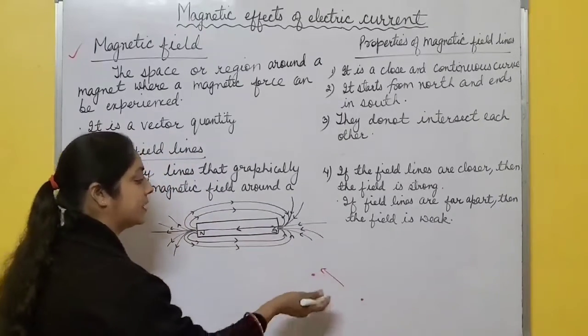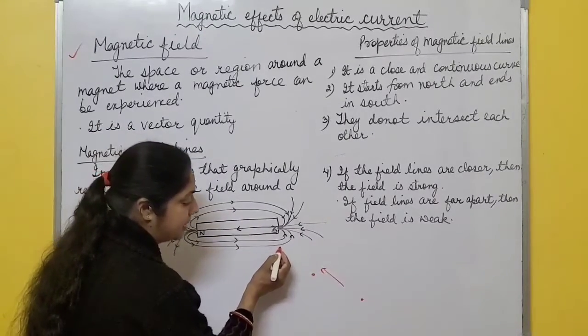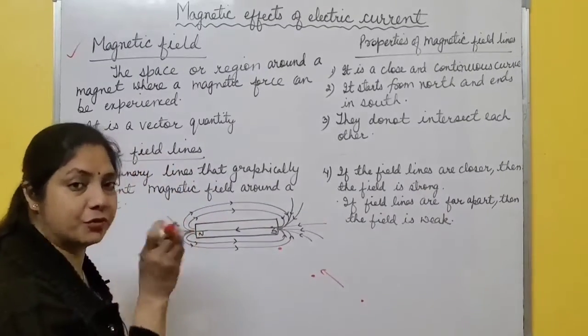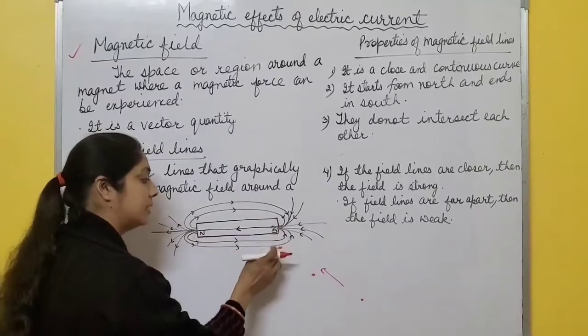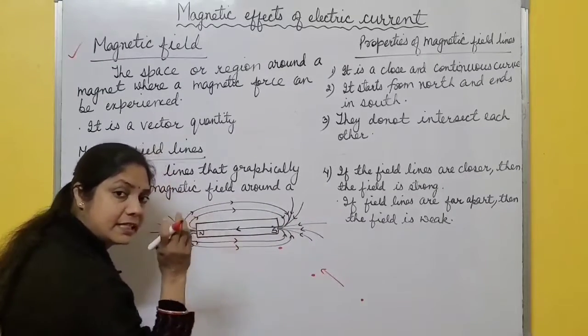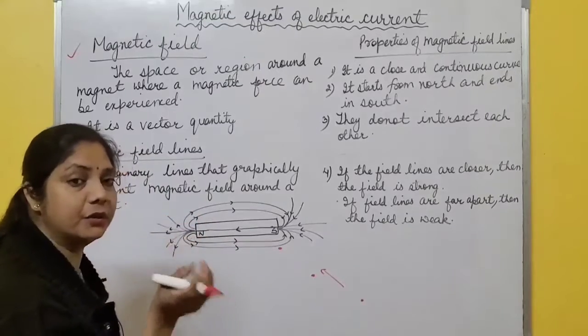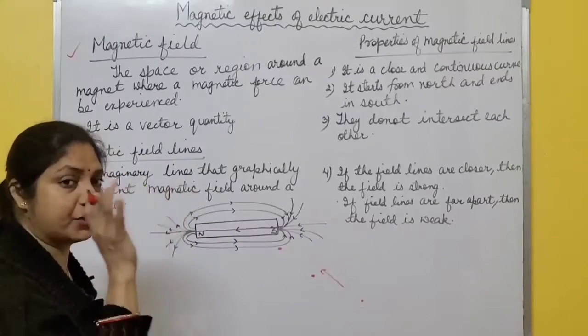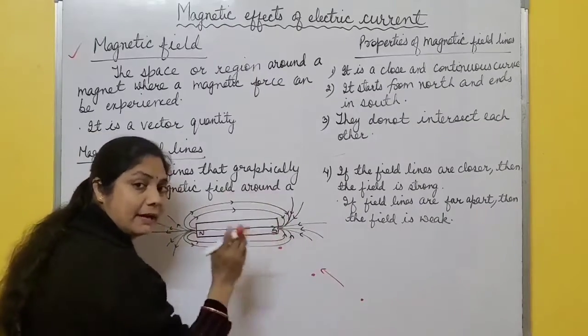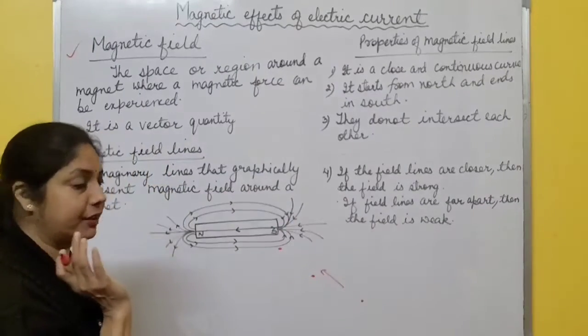But if this substance is kept at this point, now at this point, it experiences some force. Why? Because at this point, around this magnet, it has some property to exert force of attraction or repulsion on any object. And that property around this magnet is called magnetic field, right?